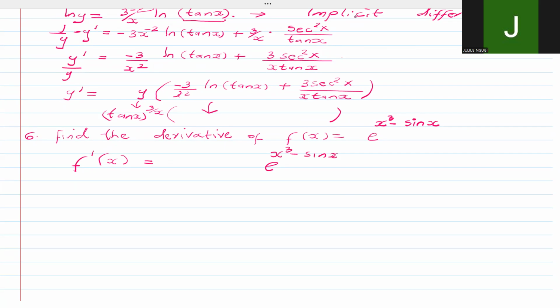And then, because it's a chain rule, you multiply by the derivative of the power function, x cubed minus sine x. Its derivative is 3x squared minus cosine of x. And then in parentheses, you multiply by exponential power x cubed minus sine x.